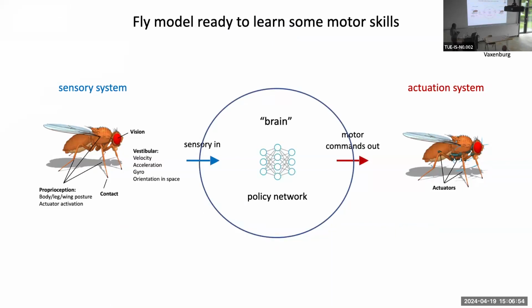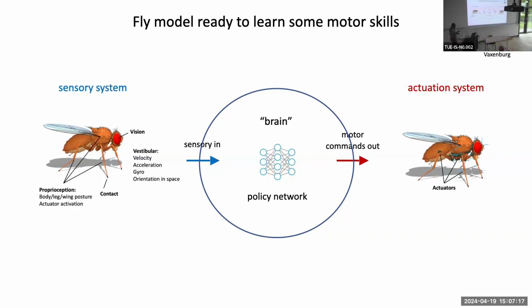And in my lab, we took that model and then we asked, how do we get it to generate the behaviors that real fruit flies can perform? In particular, we wanted to target locomotion, which is something that flies can do both in the air and on land. They can crawl on the ground as well as fly.